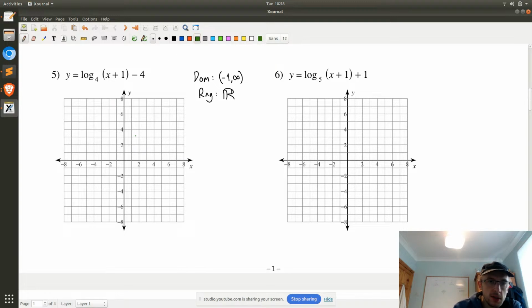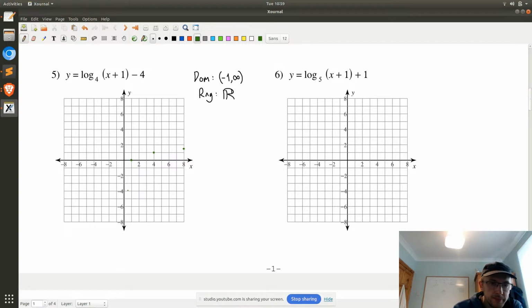For the original one, well, it's log base 4. So it's going to pass through 1, 0, 4, 1, and 8, 1.5, won't it?